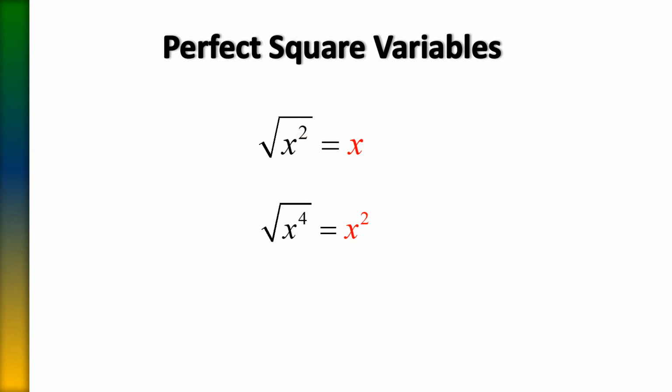And the reason you divide by 2 is because the index of a square root is a 2. So 2 divided by 2 equals 1, and that's why it equals just x by itself with an exponent of 1. The square root of x to the 4th power, 4 divided by 2 equals 2, and that's why it equals x squared.